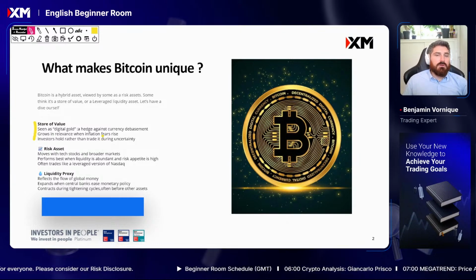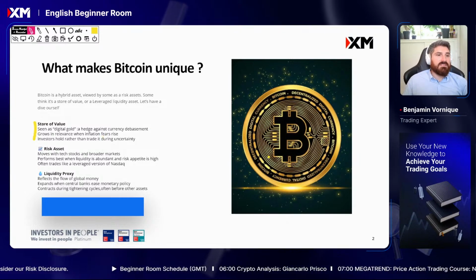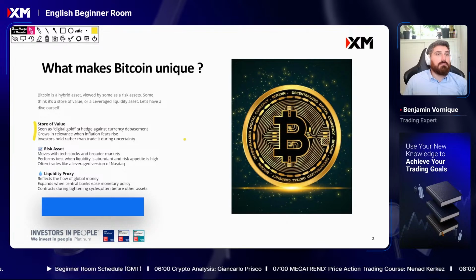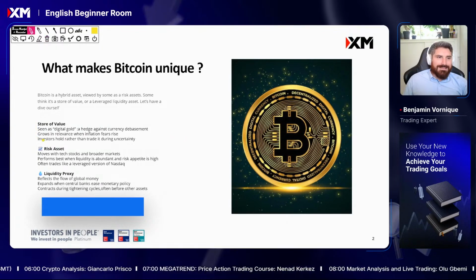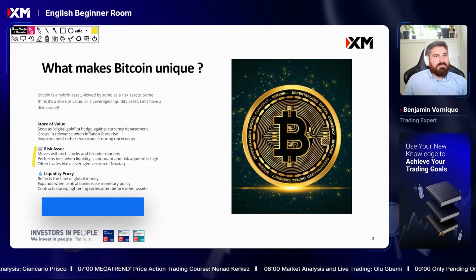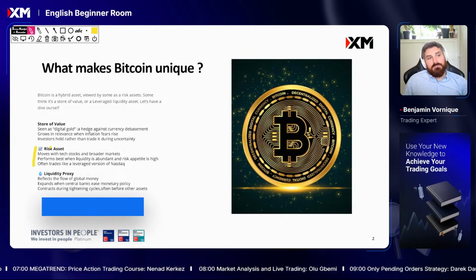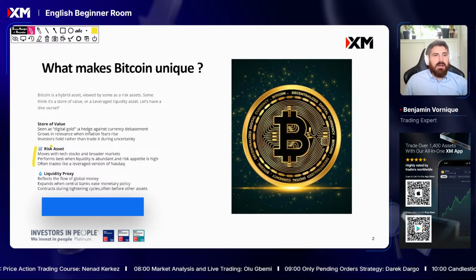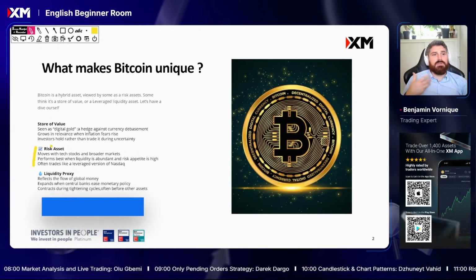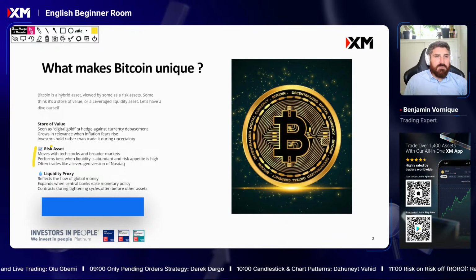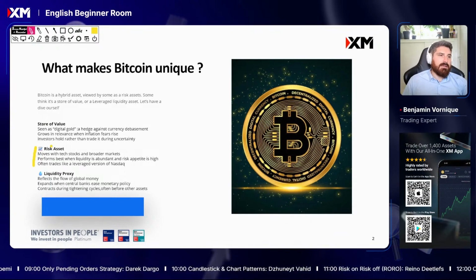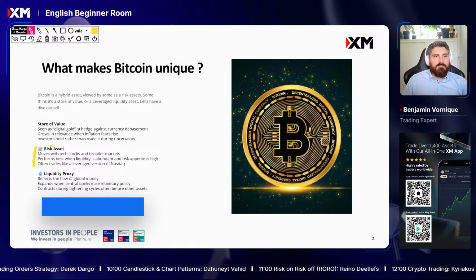And this has been one of the narratives for Bitcoin for several years right now. But sometimes Bitcoin is also only seen as a risk asset, which basically means that it would move with tech stock, Nasdaq, etc., and broader markets, and would perform very well when liquidity is abundant, when M2 is very high, and risk appetite is also high, which is kind of the current setup.